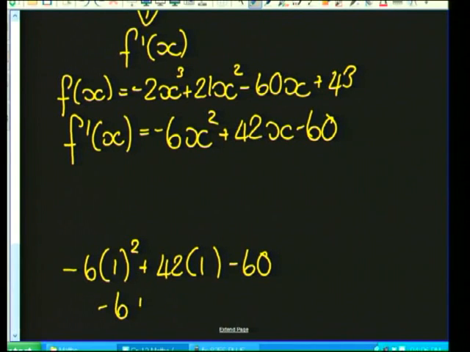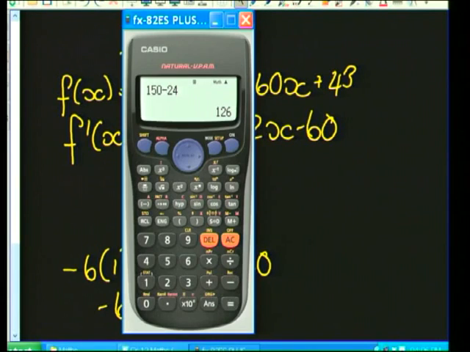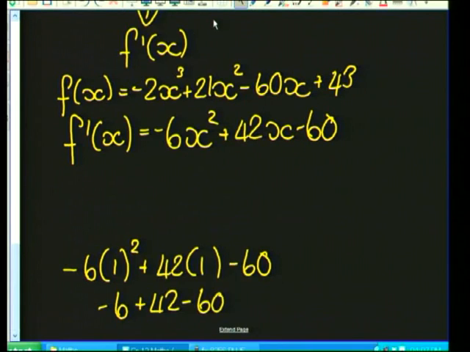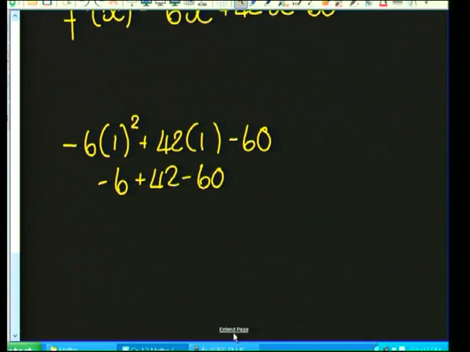So negative 6 plus 42 minus 60 gives us negative 24. Once again, please don't forget, that negative 24 represents the gradient of your tangent.